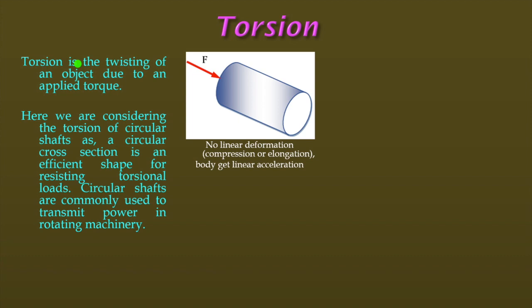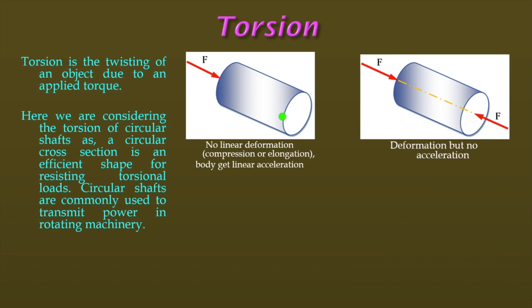Now see, just compare the linear force and the torque. If a force is applied on the shaft here and there is no resistance to oppose this force, meaning under the action of this force the shaft is free to move, then there will be no deformation of the shaft.